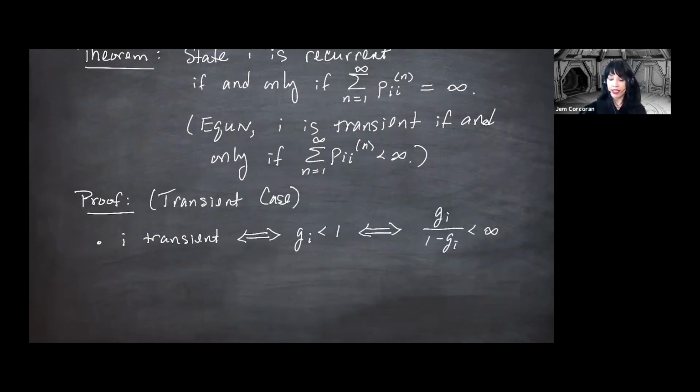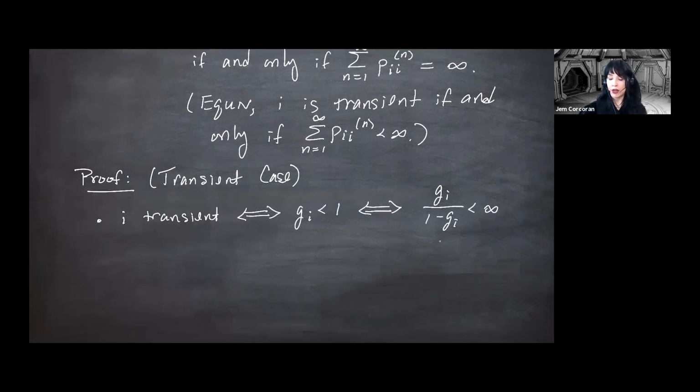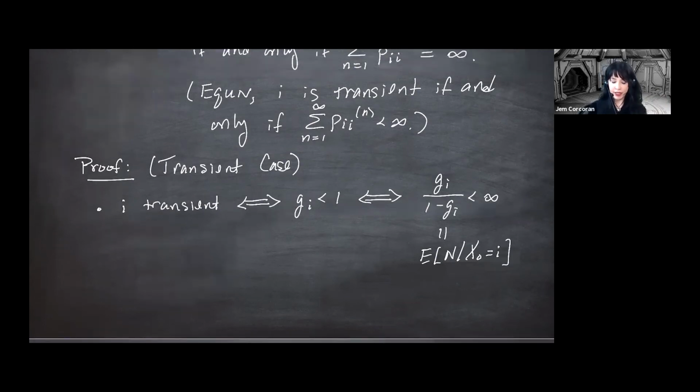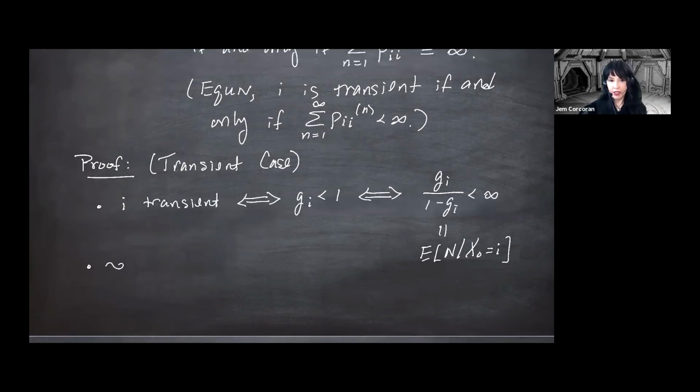And that fraction is the expected number of returns given that we started at state I. I probably should define my notation here, but I'm not. That N is the same thing it was before: the number of returns. So I have infinity greater than the expected value of N given X0 is I, and N is counting a number of returns.